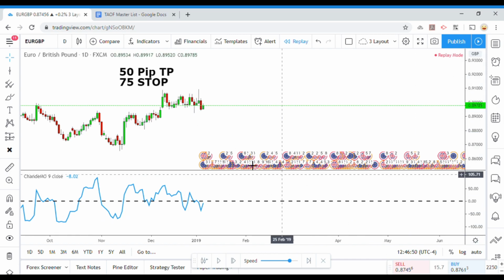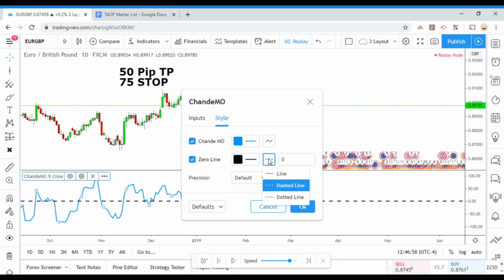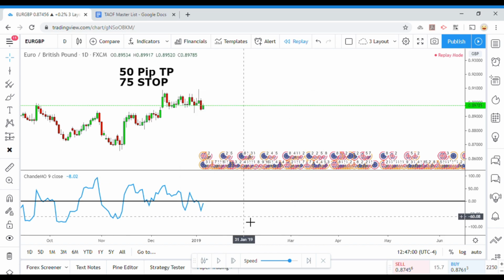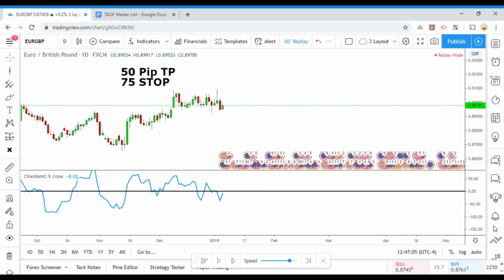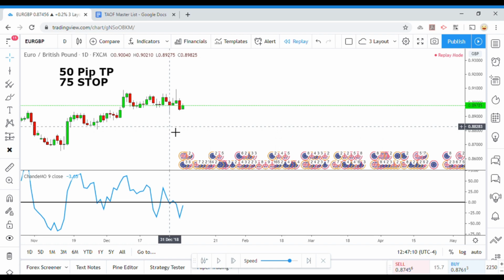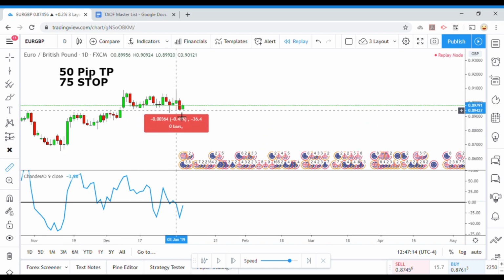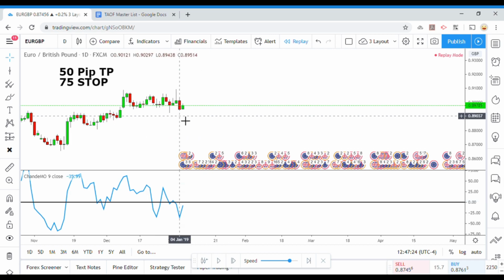So, right off, looks like we have a cross below. Let me change this to a solid line. There we go. Those dots are making things a little confusing. So, we have a sell here. Let's measure it out. That would have been the cross, that would have been the entry.